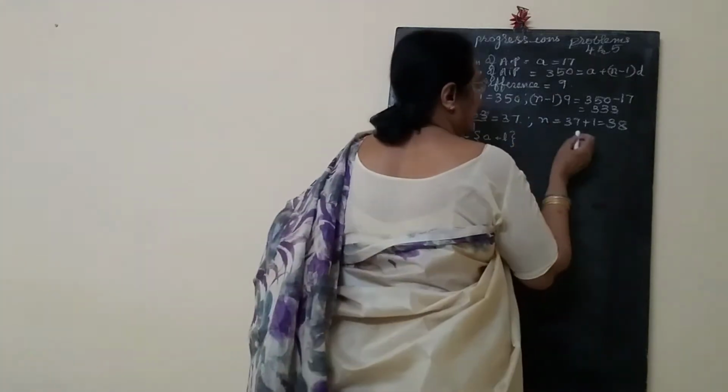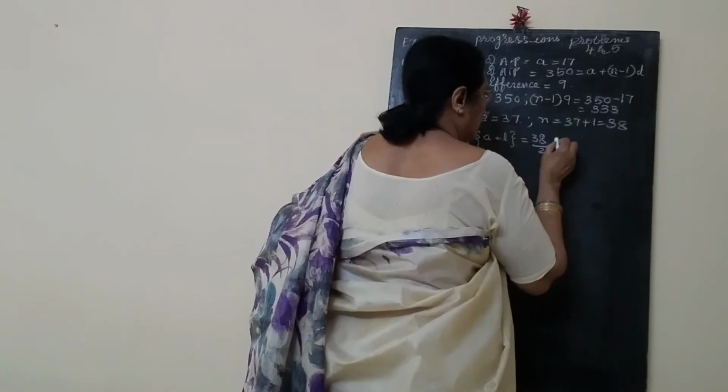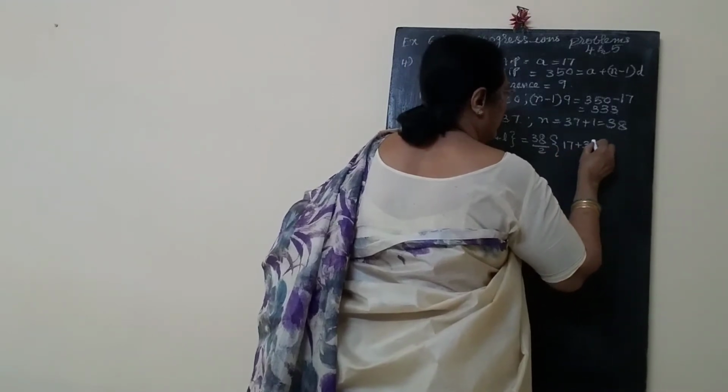So n is 38, so this is equal to 38 by 2 into A, which is 17, and the last term is 350.